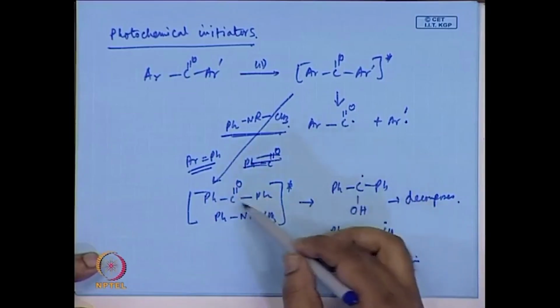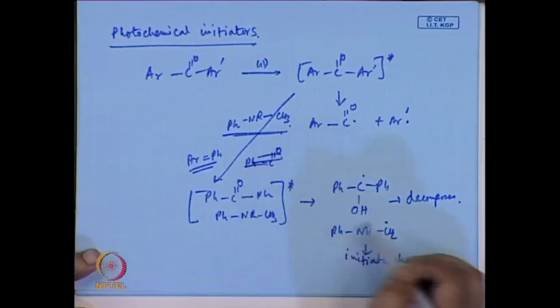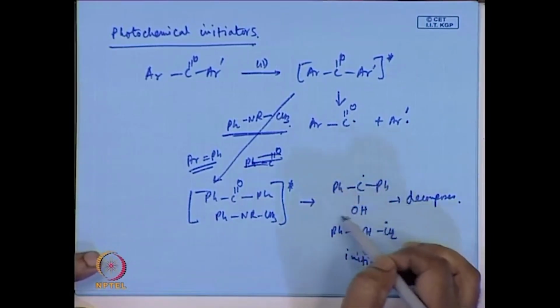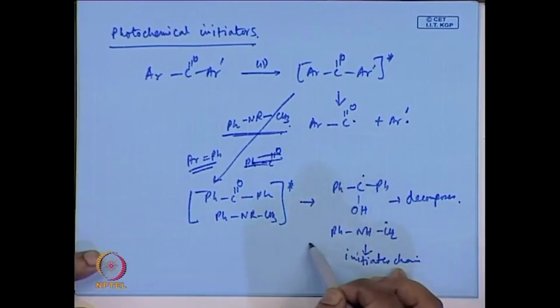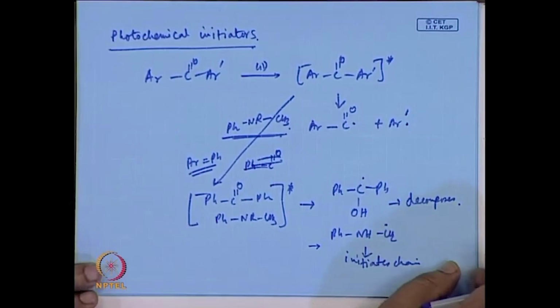For example, if you have diphenyl ketone, you react it with a molecule like this, and this decomposes, and this can initiate a chain polymerization.